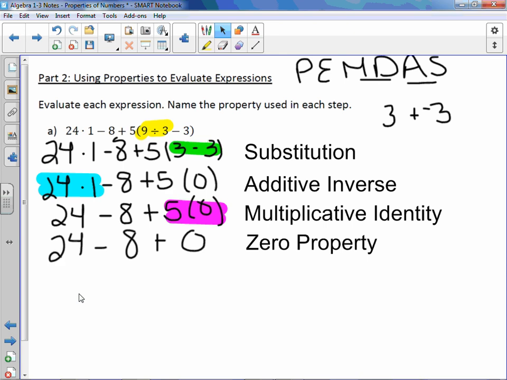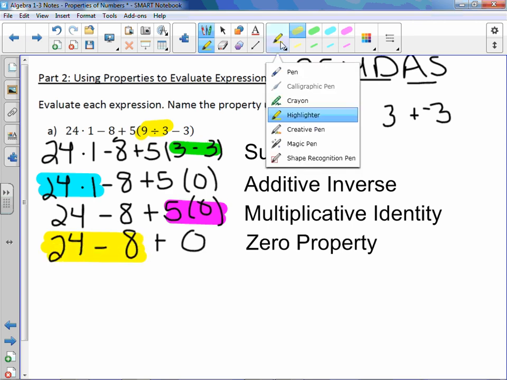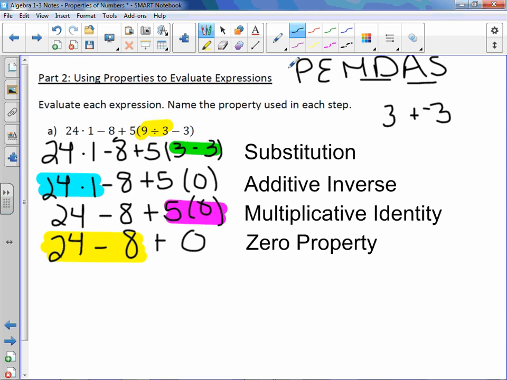We have no more multiplication or division, but we do have addition and subtraction. We'll go from left to right. 24 minus 8 is 16. Bring down the plus 0.